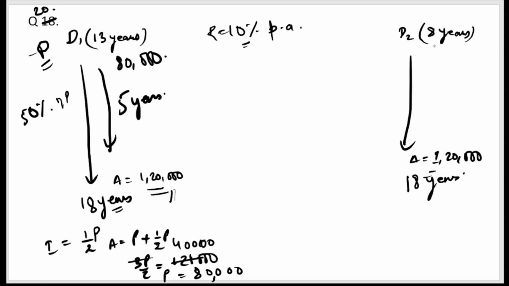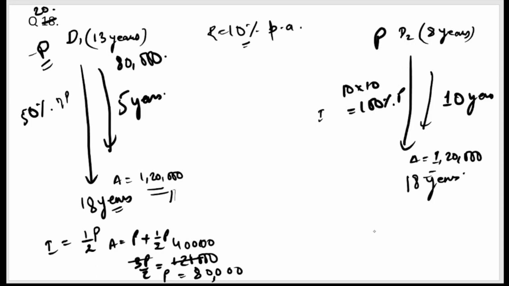Now come to another daughter जो चाहिँ 8 वर्षको छ प्रेजेन्टमा, अनि 18 वर्ष पुग्नुको लागि कति समय बाद, कति वर्ष बाद लाग्छ? After 10 years you will be 18 years of age. अब प्रत्येक वर्ष 10% पर एनमको इन्ट्रेस्ट आउँदैछ भने 10 वर्षमा 10 into 10 that is 100% इन्ट्रेस्ट हुन्छ, 100% of principal. So if principal P छ भने यसको 100%, so that is I, interest will be P. So amount will be पहिला सुरुमा जति पैसा डिपोजिट गर्यो plus interest, and interest in this case is P, so amount will be double of the principal.